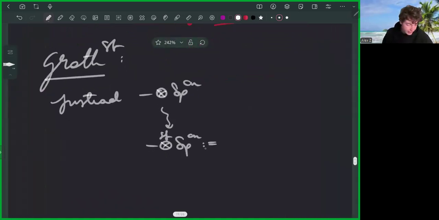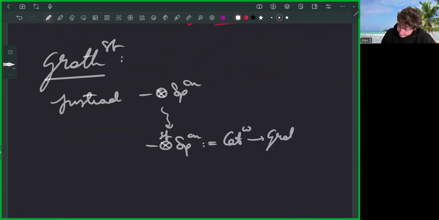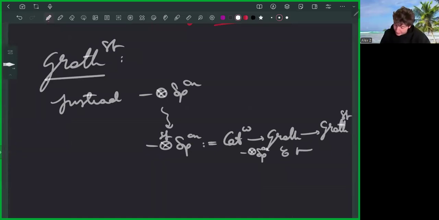And this is just given as the functor from Cat omega to Groth, this was SPCN, and then from here we go into Groth with this canonical thing, C maps to SPC and then C.